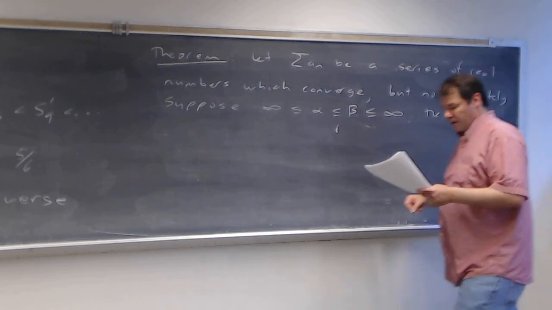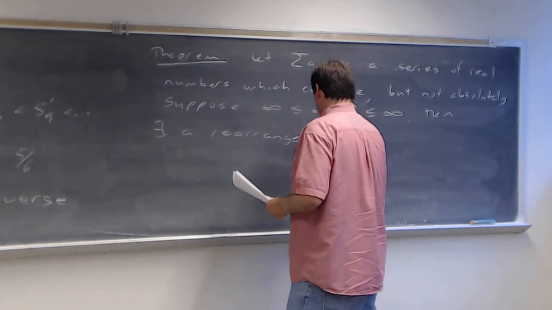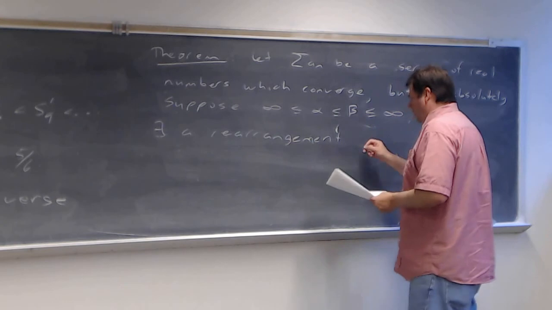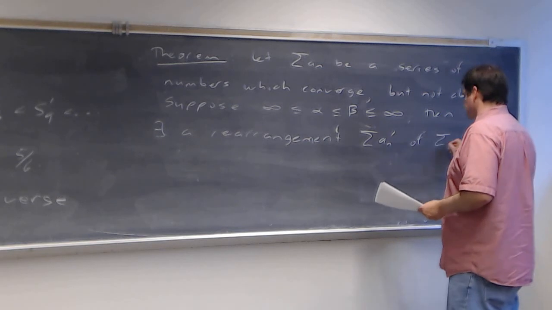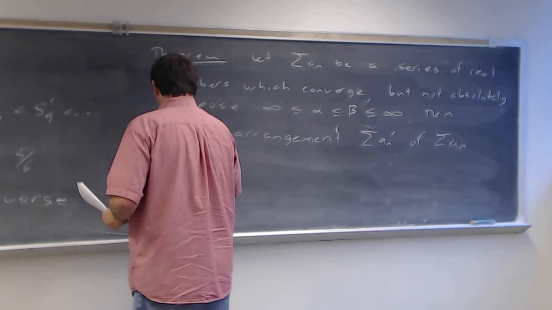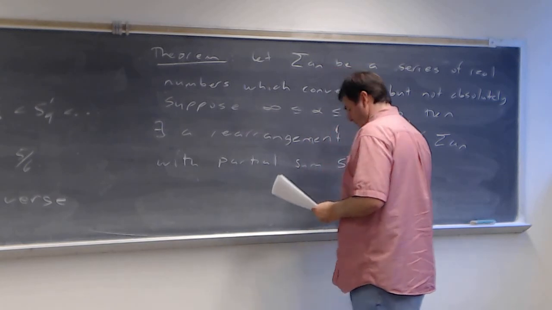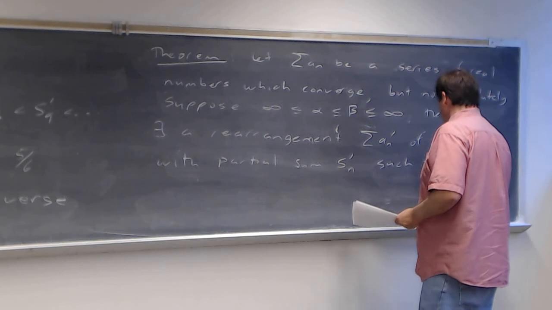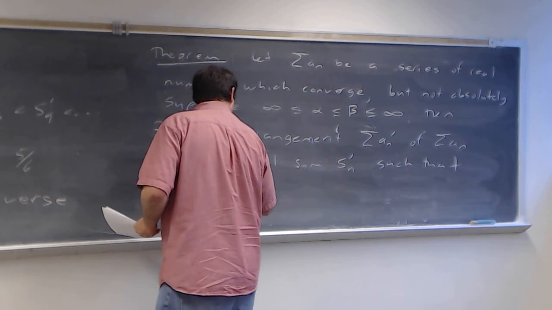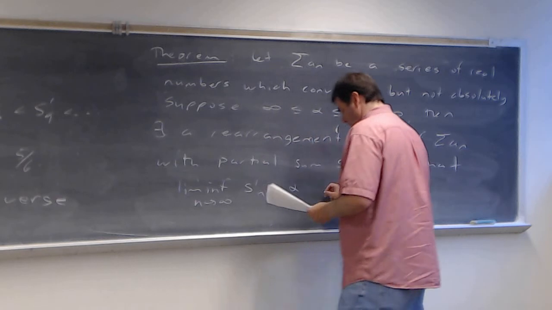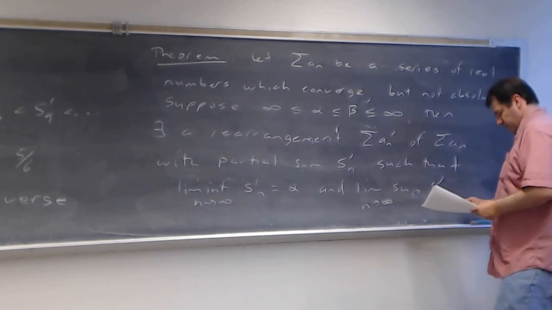Then there exists a rearrangement, we call it the sum of a sub n primes, of the original series with partial sums, which we'll denote by s prime of n, such that the limit as n goes to infinity of the s prime of n will be equal to alpha, and the lim sup of the nth partial sums of the rearrangement will be equal to beta.